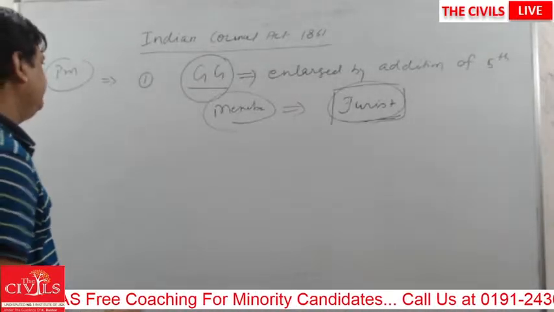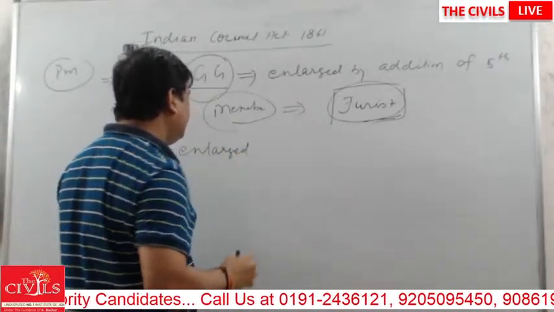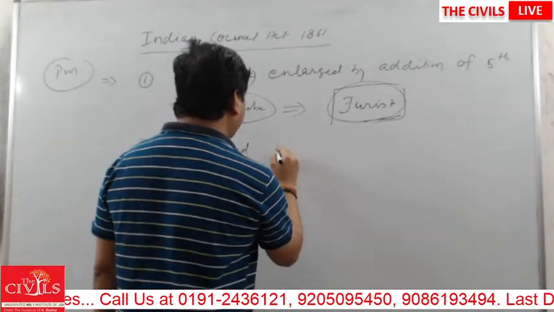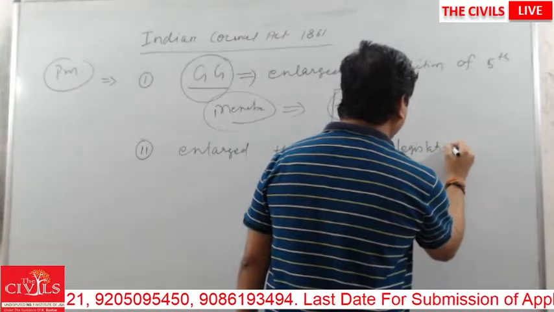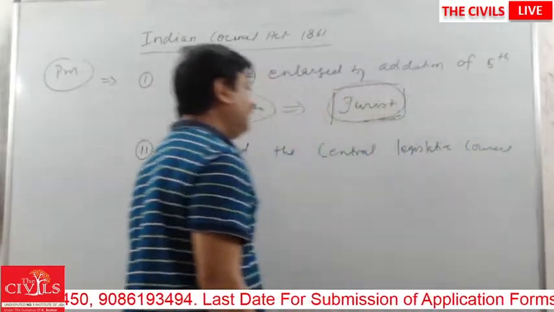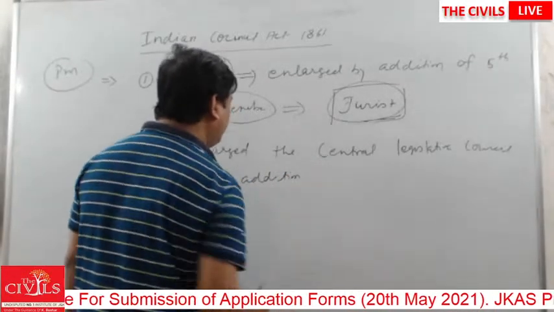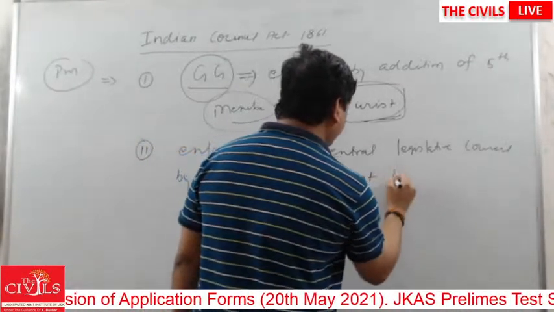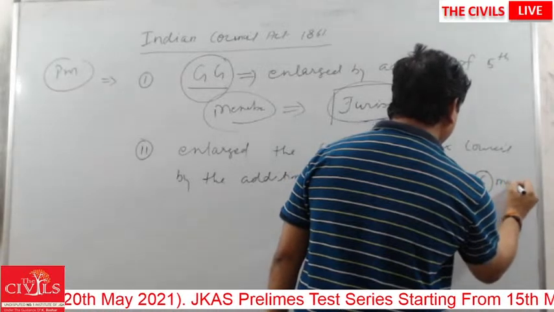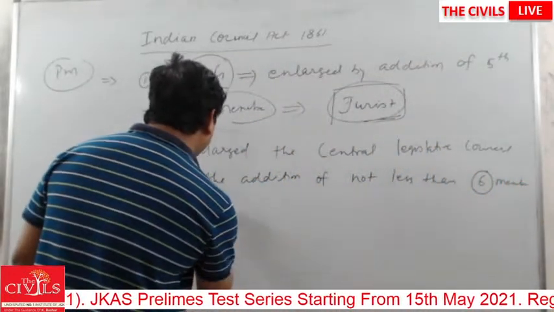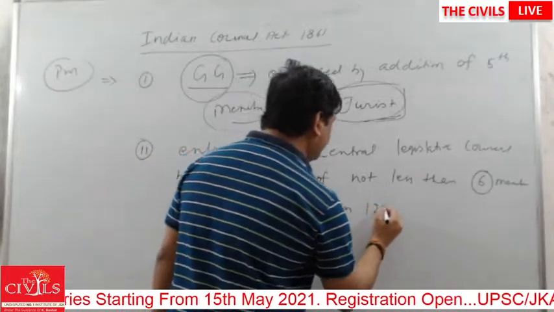The second most important provision: this act also enlarged the Central Legislative Council by the addition of not less than 6 members and not more than 12 members.